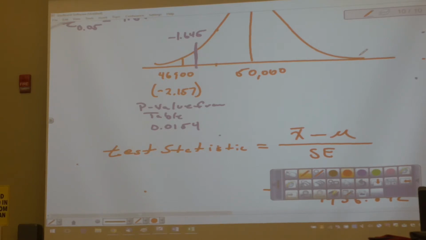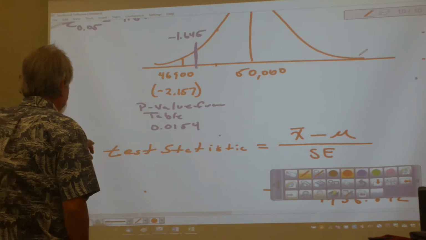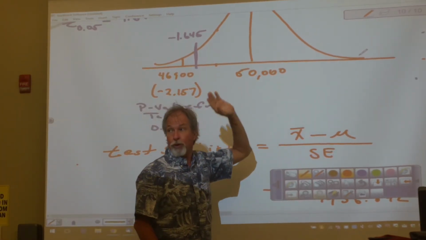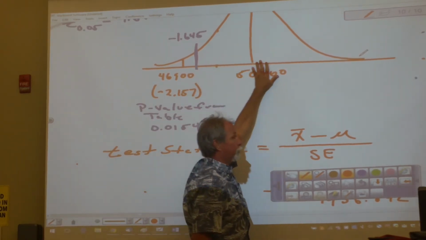I would get that 95% of the time. 95% of the time when I did the calculation, I would get something that was greater than 1.645. It would be somewhere up in here.